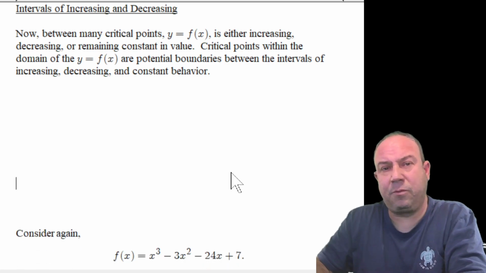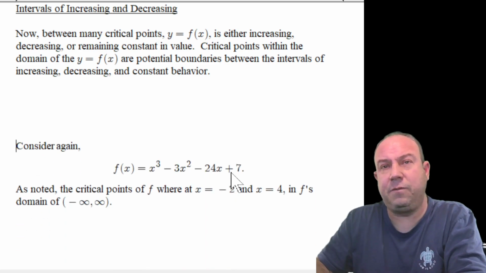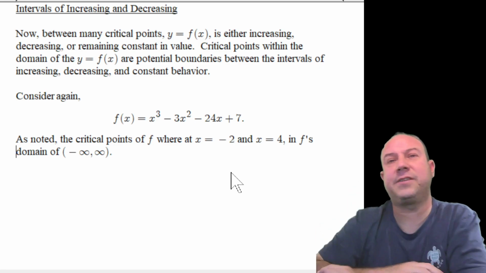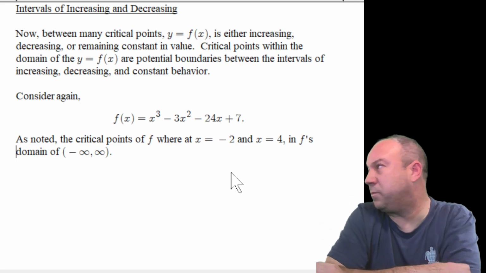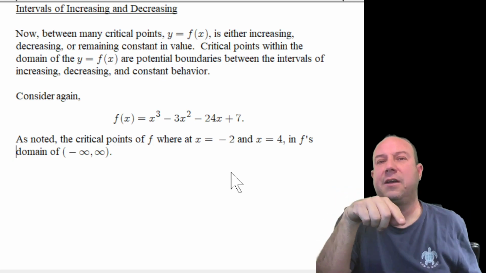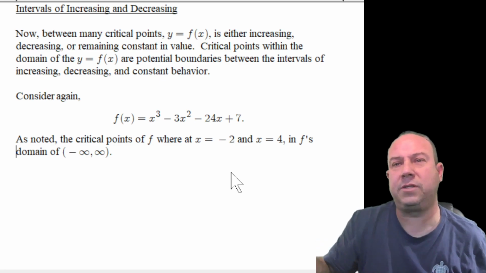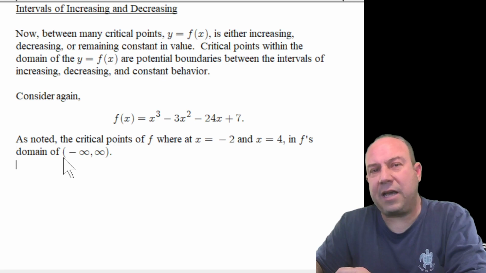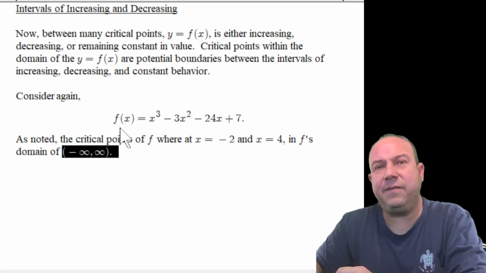I think I opened with some. Consider again the two functions we've already discussed. We looked at this polynomial already, x cubed minus 3x squared minus 24x plus 27 plus 7, when we were looking at critical points. And we found that the critical points of this function were negative 2 and 4, in a domain from negative to positive infinity.